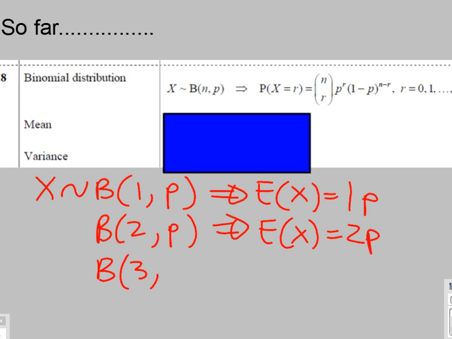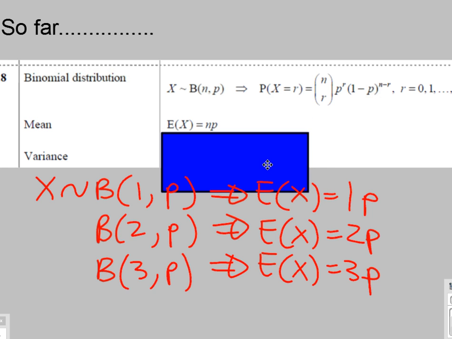I think you may be able to see a pattern. What's that I hear you say? Yes, it's np, okay? np. So that's our evidence for that formula.